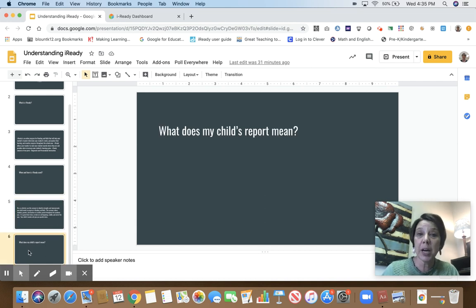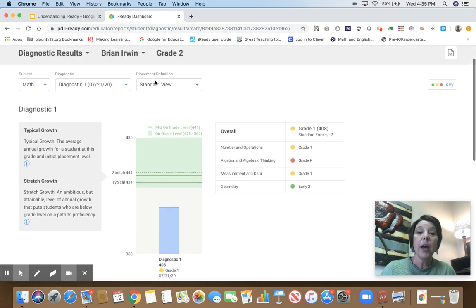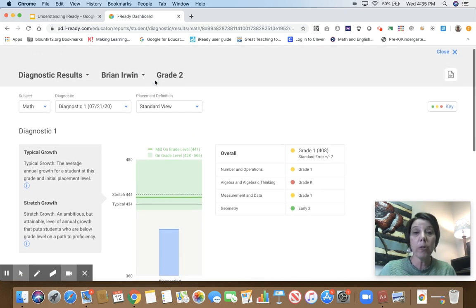So, what does my child's report mean? I'm going to give you an in depth look at what a report looks like, what it means, how to explain it to your child, and also how you as a parent can understand it. We're going to look at a math report first. This is a demo report, so it is totally made up.